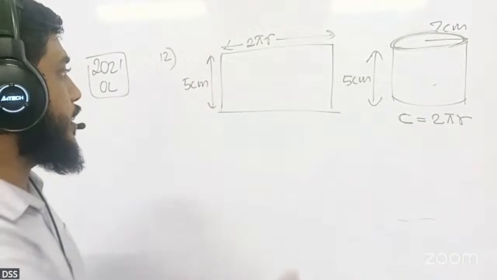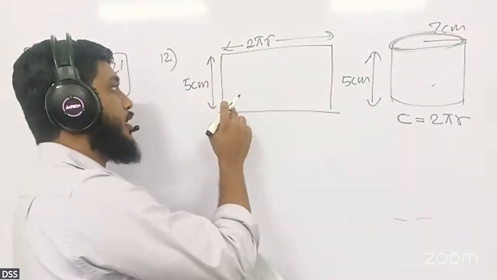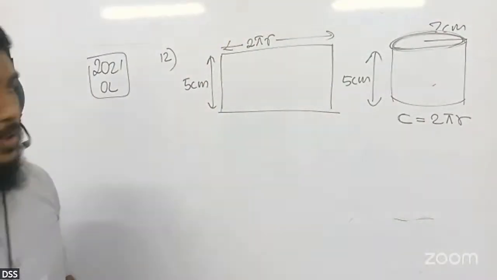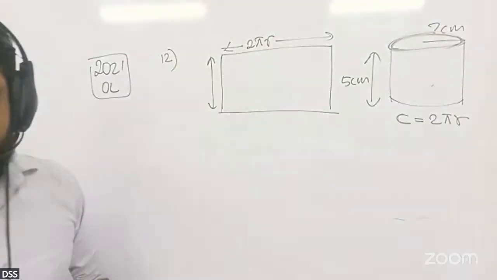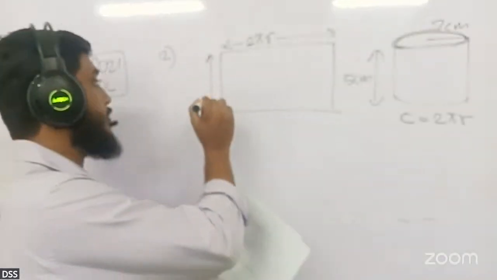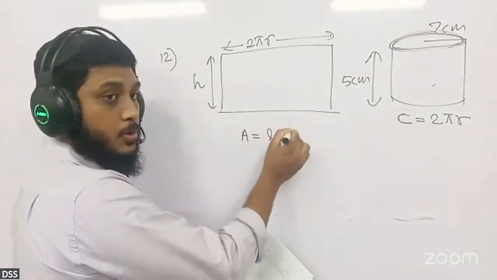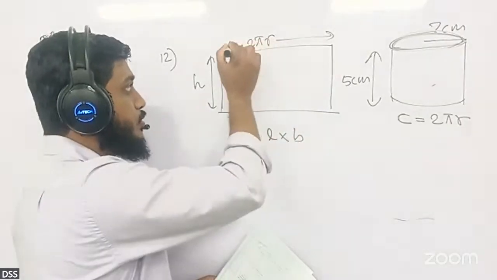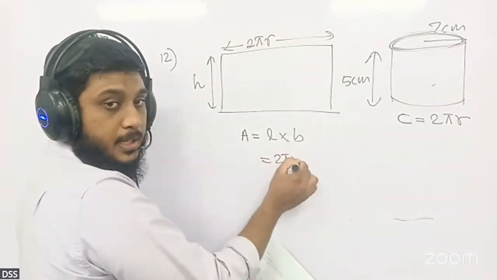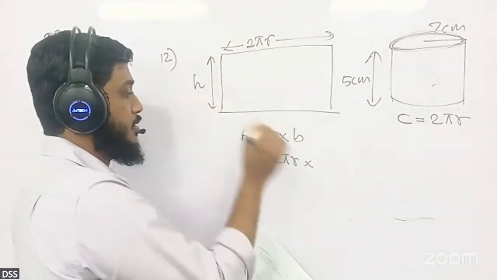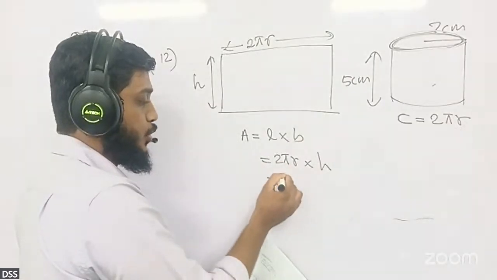Okay, so how do you find the area of this rectangle? If this is 2 pi r, for this we'll put h. If this is h, how do you find the area of the rectangle? Length into breadth. So what is the length now? 2 pi r. What is the breadth? Height. So for 2 you put 2.